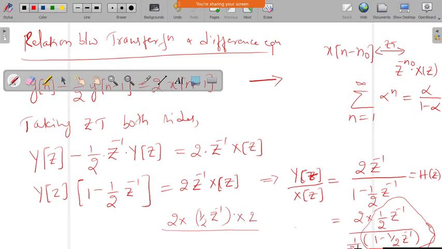So this half will go to the numerator, into 1 minus half into z inverse. Okay, so now this will give 4 into half power n minus 1 into u of n minus 1. Now this is your h of n.